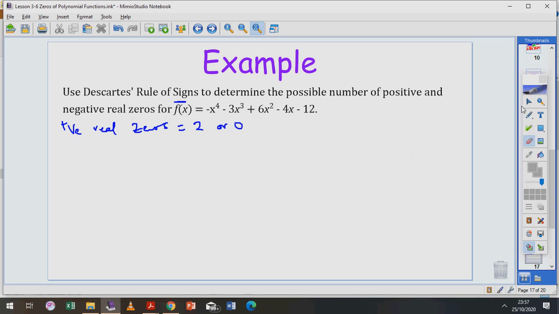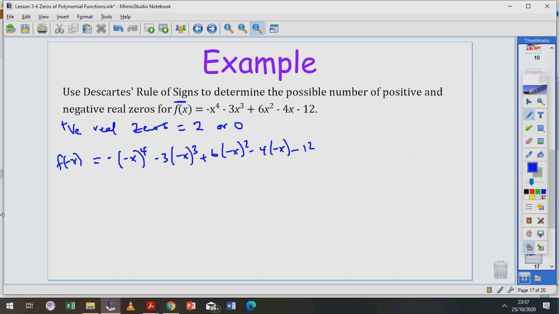How about the negative real zeros? Same thing. They have to be equal to the number of sign changes in f of negative x. So I need to first figure out what f of negative x is. That will be by substituting negative x everywhere I see x, plus 6 times negative x squared minus 4 times negative x minus 12.